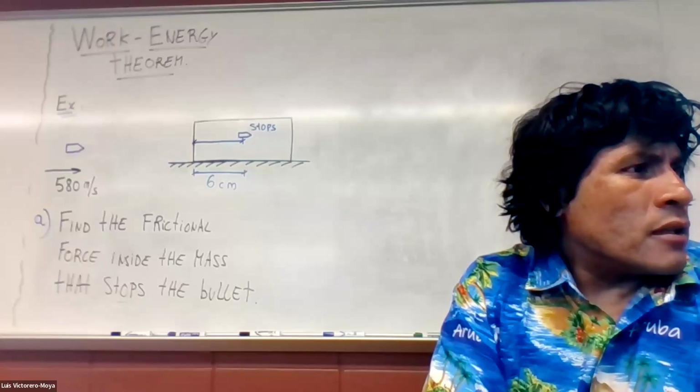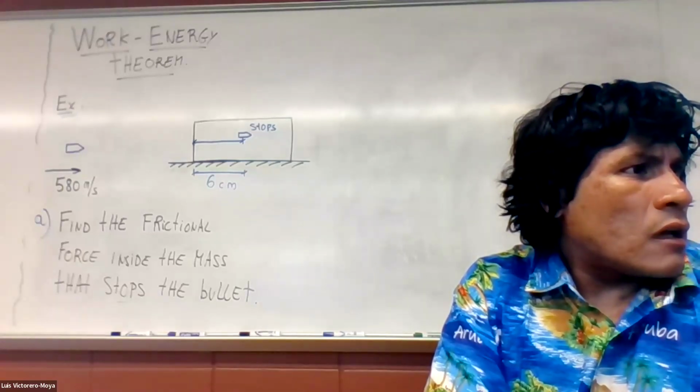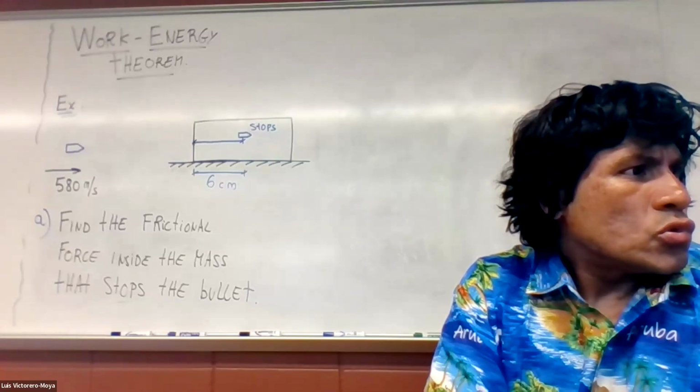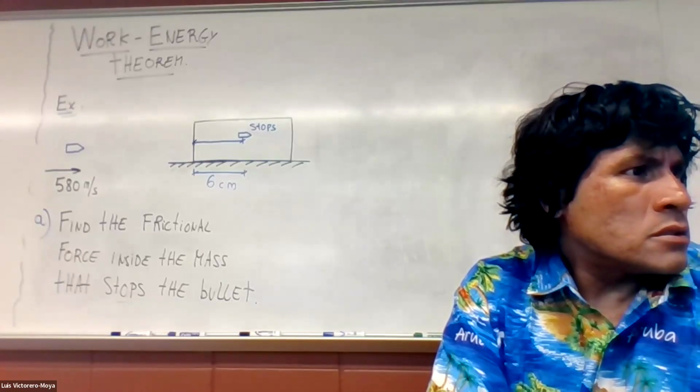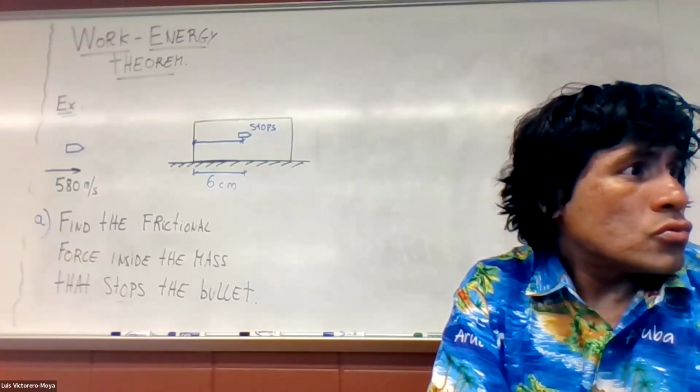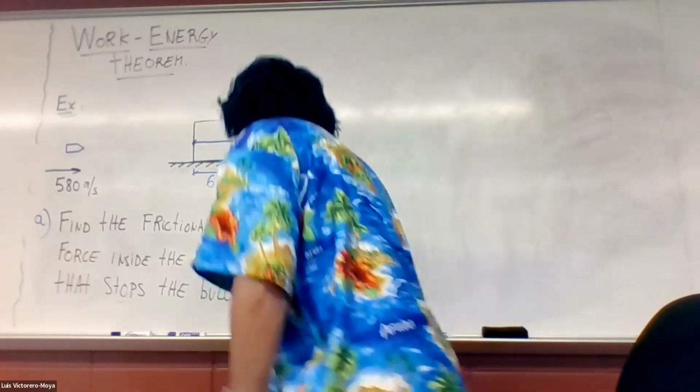Because the frictional force of the mass is greater than... Yeah, you're right. You need the mass of the bullet. The mass of the bullet is, I think, 8 grams, 7 grams. It's not a lot. It's 8 grams.